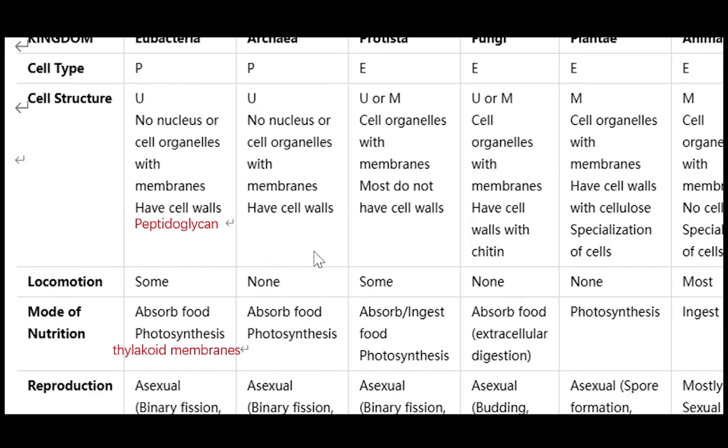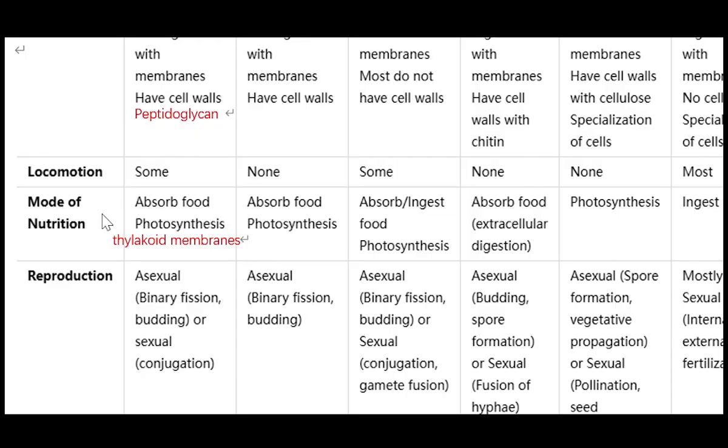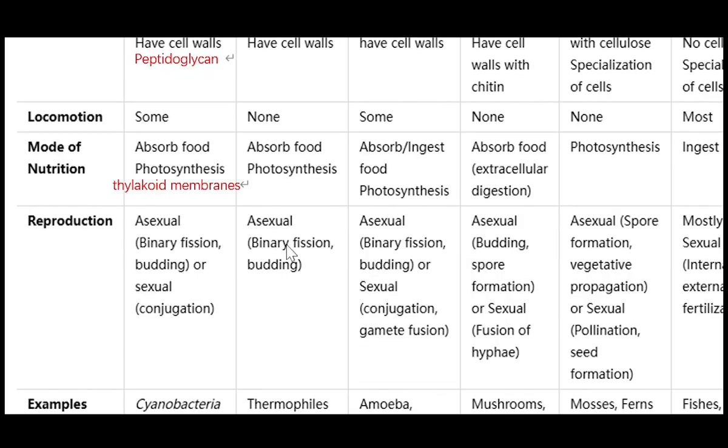And there's no evidence that archaea are able to move. And in terms of the mode of nutrition, that is exactly the same as bacteria. And for reproduction, they can only reproduce asexually, so they can reproduce either through binary fission or budding.